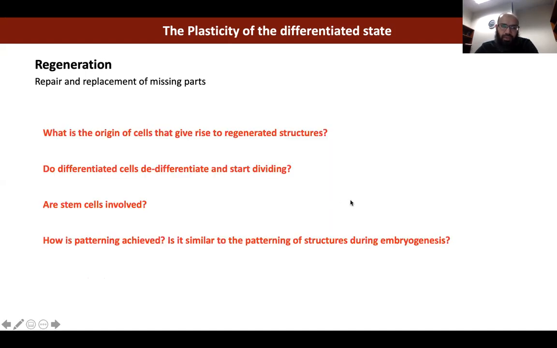So some of the bigger questions in the regenerative field are: what is the origin of the cells that give rise to regenerative structures, and is it the stem cells, or the differentiated cells that first de-differentiate and start dividing and growing into the organ that was lost? The second most important question is, how is the patterning achieved?